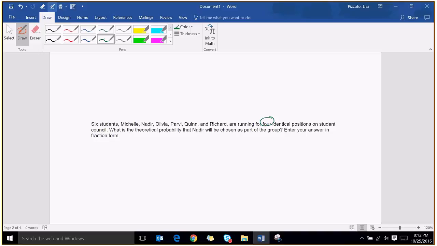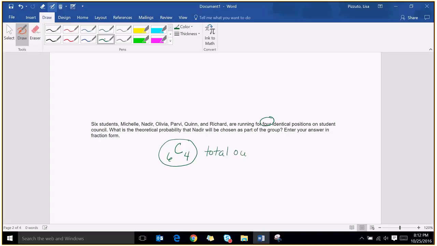So out of the 6 students, how many are going to be chosen? Only 4 of them will be chosen, correct? Yes. So is that your total or your success? The 4 would be the success, 6 would be total. Well, this whole combination is your total outcomes.